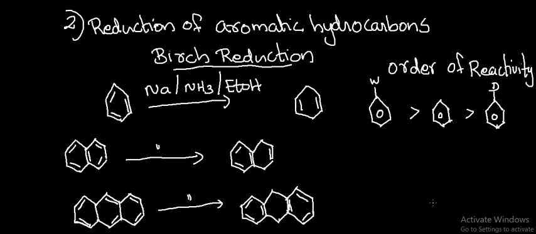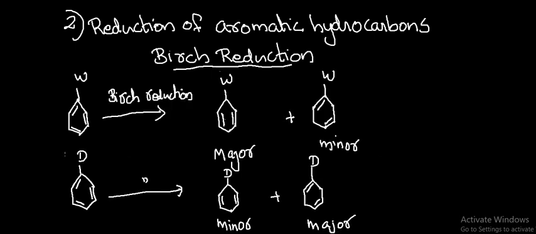Then what is the regioselectivity in Birch reduction? If there is an electron withdrawing group on the aromatic hydrocarbon, preferentially reduction takes place at the withdrawing group attached position, and this position is called the ipso position.